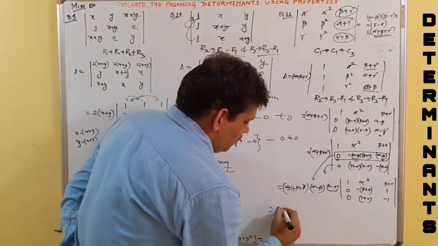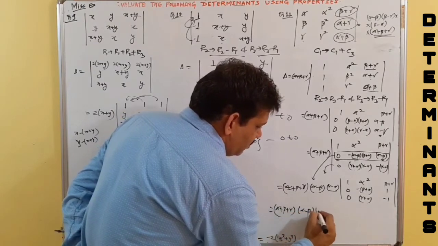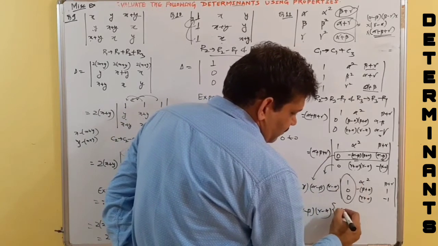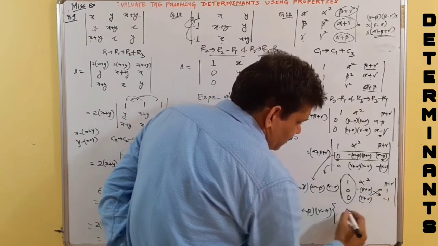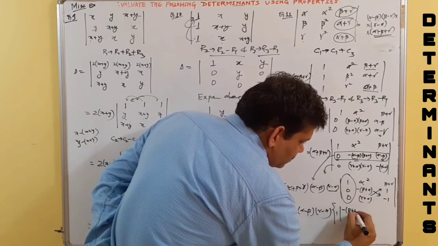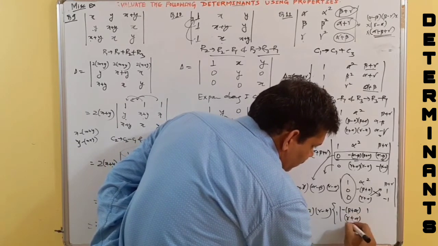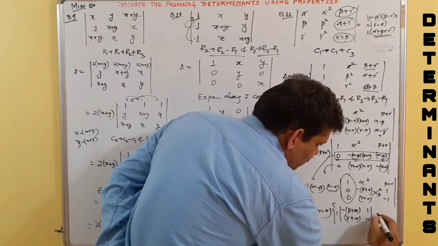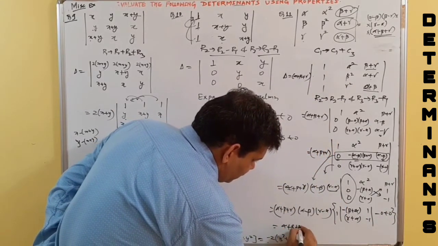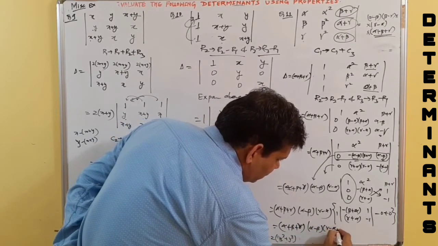Now let's expand. Alpha plus beta plus gamma, alpha minus beta, gamma minus alpha. If I expand along the first column, what I am going to get is this into this minus this into this. So 1 into minus times of beta plus alpha, 1 gamma plus alpha, minus 1 minus 0 plus 0. So that is alpha plus beta plus gamma into alpha minus beta, gamma minus alpha.